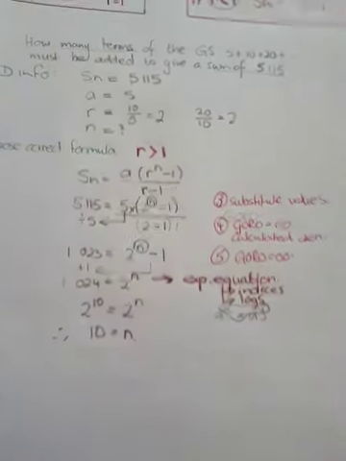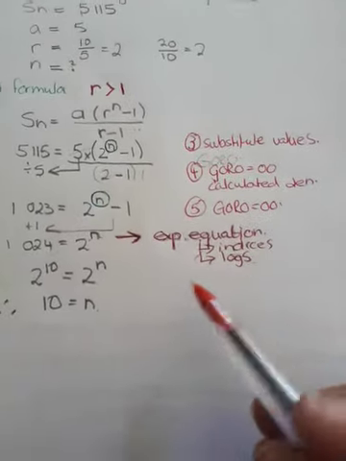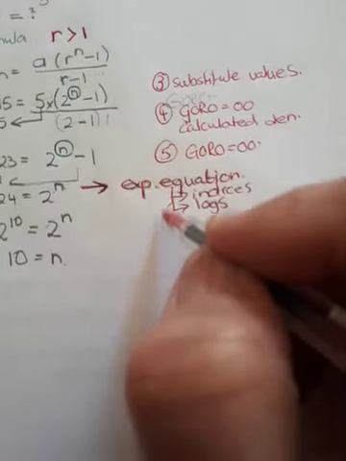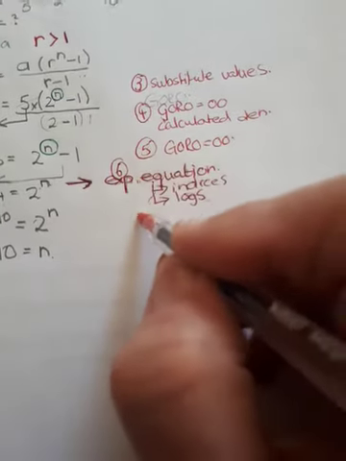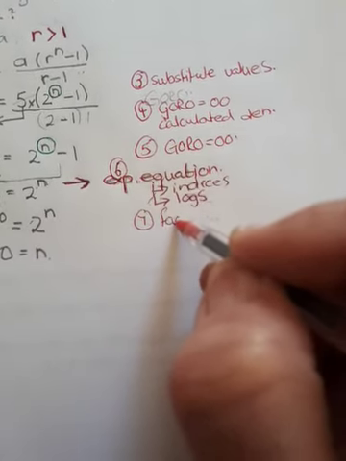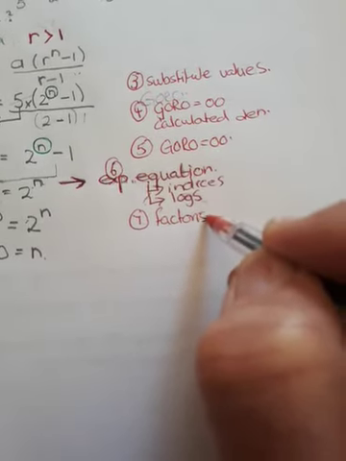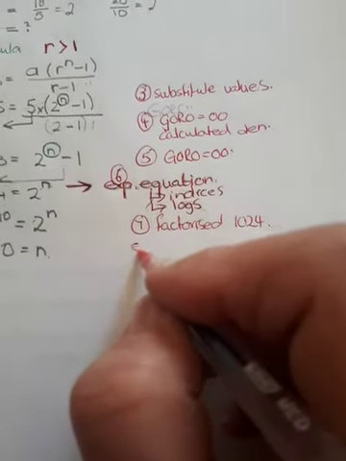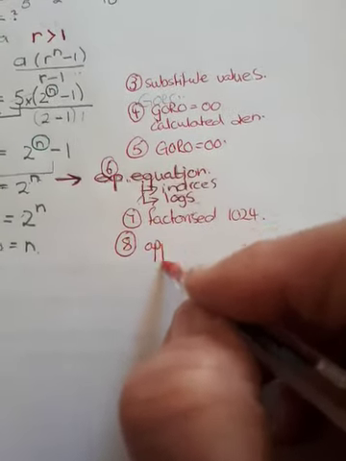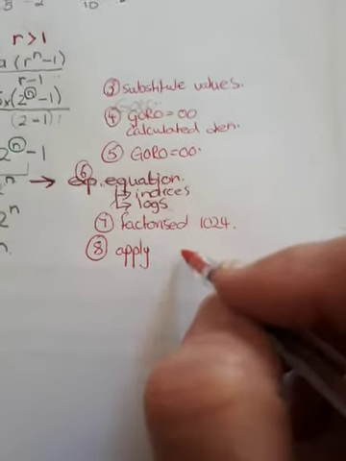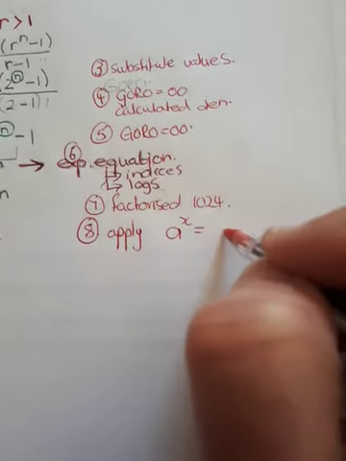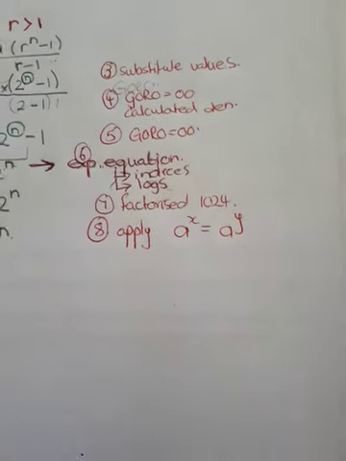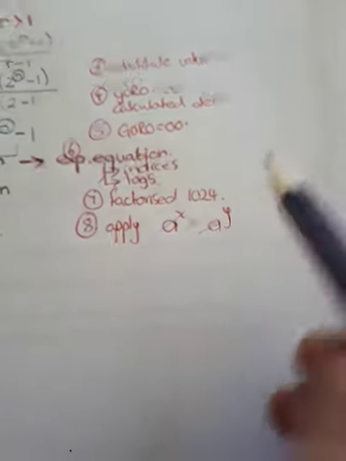So therefore, in the next step, sorry, I had to erase. In the next step, that is step 6, we have then factorized the 1024, and then in the last step, we apply the a to the power of x equals a to the power of y, meaning you can basically ignore this.